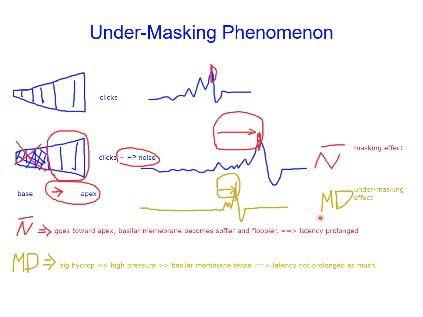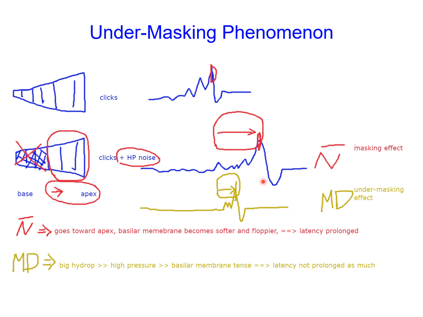So this is called the under-masking effect, because we expect this amount of masking effect in normal patients. However, in patients with Meniere's disease, such masking effect goes under our expectation. So it is called under-masking effect, because the masking effect goes under our expectation.